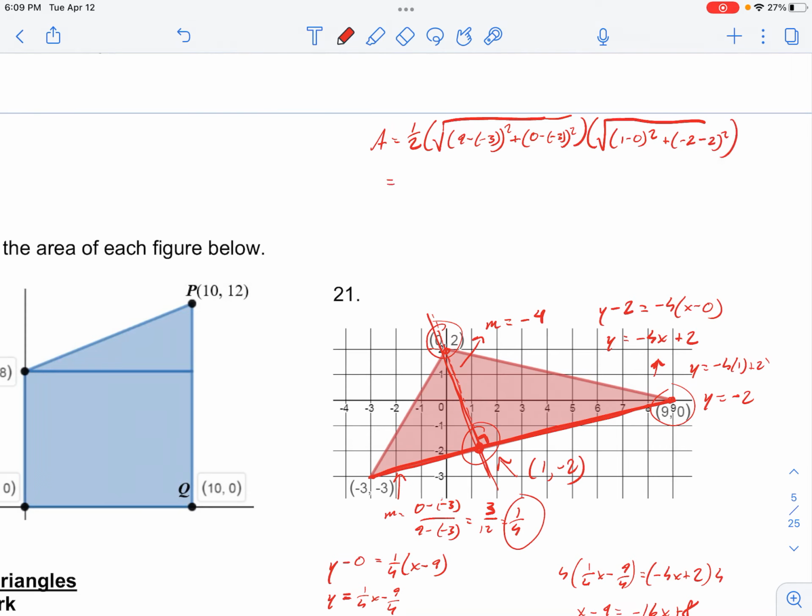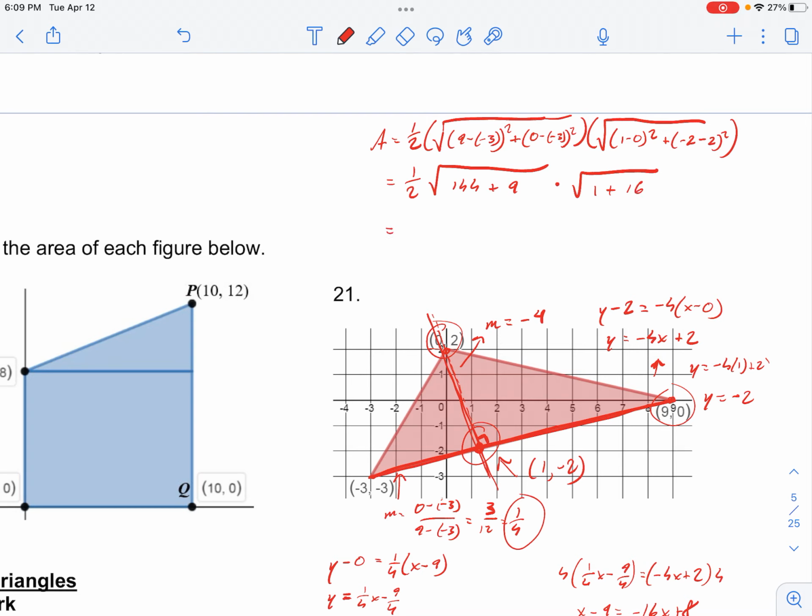And plugging this all in, simplifying a little bit, we have 1/2 times the square root of this (9 minus -3), it turns into 12 squared, so that's 144, plus -3 squared, which is 9. Then times the square root of (1 minus 0), that's 1 squared, so that's 1, plus (-2 minus 2), which is negative 4 squared, so that's 16.